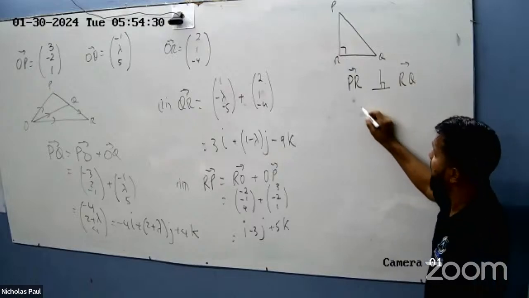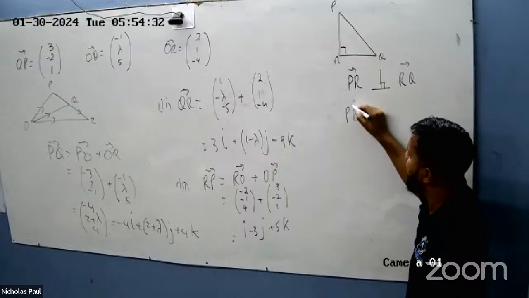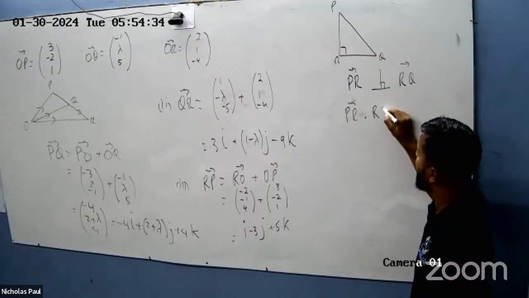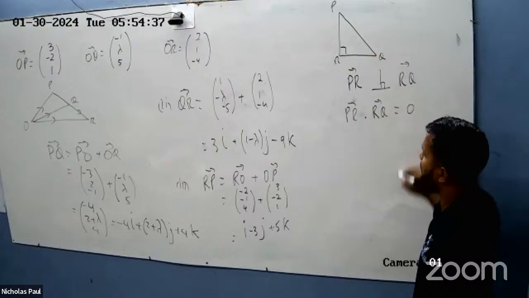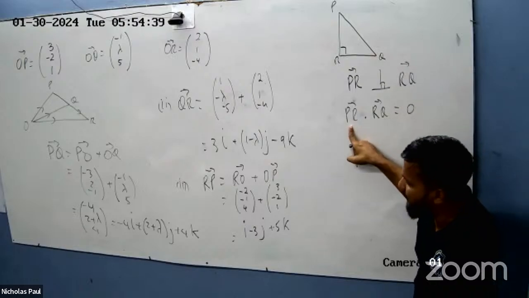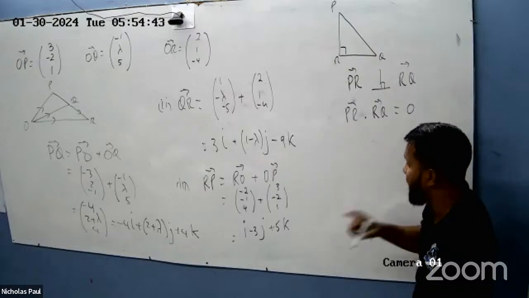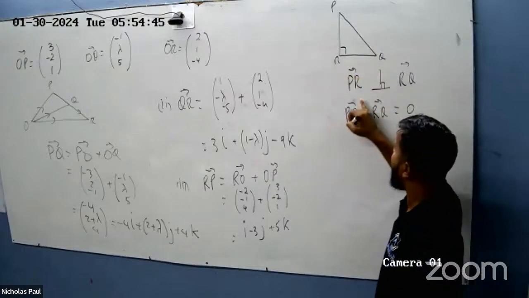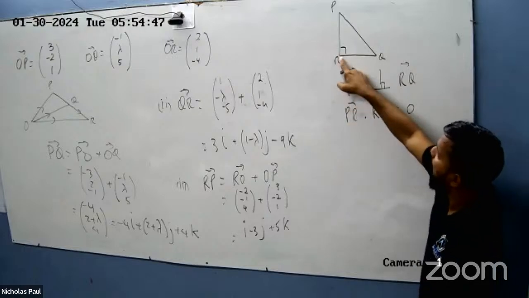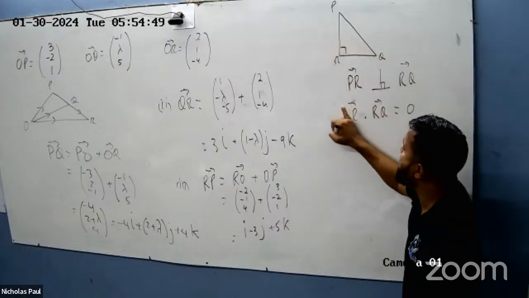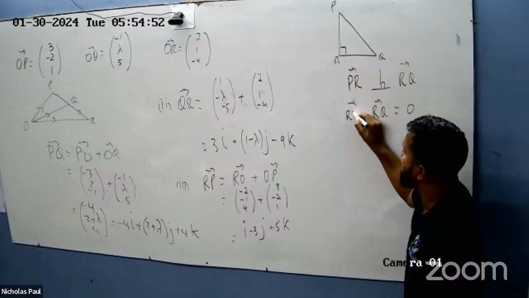So again, if two vectors are perpendicular, then their dot product is 0. So let's go to PR. Sorry, RP. Actually, I should have written it like this: RQ dot RP is 0.